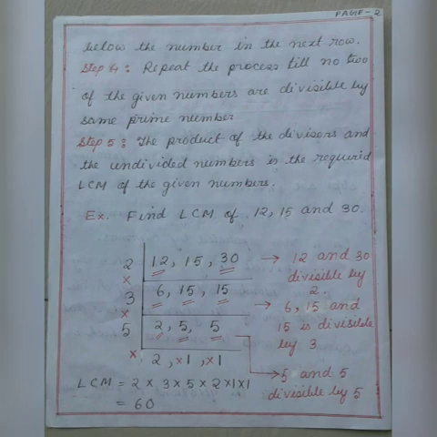Therefore, LCM of 12, 15 and 30 will be the product of the divisors, that is 2 into 3 into 5, into the undivided numbers, that is the numbers of the last row, 2 into 1 into 1, which is equal to 60.